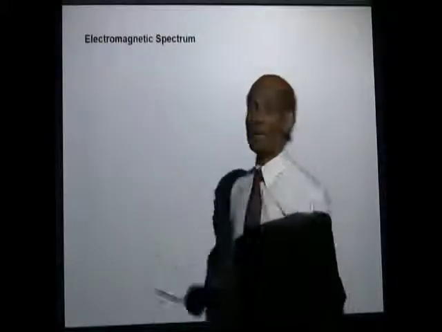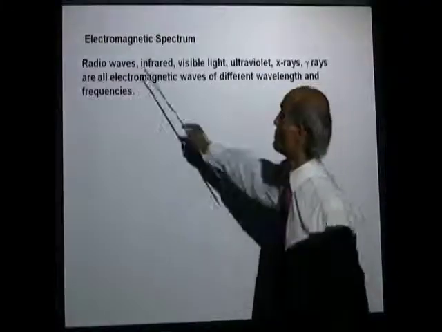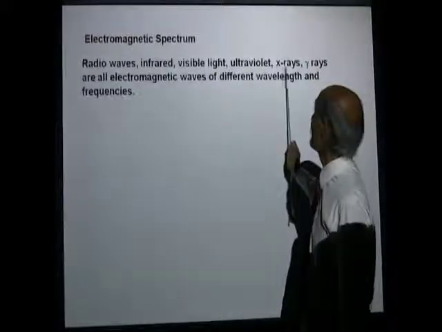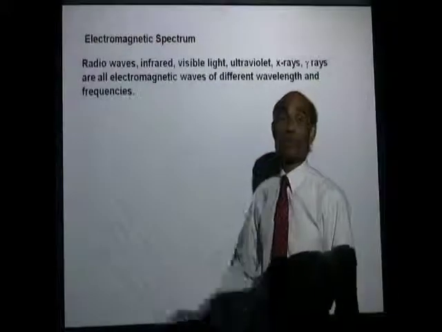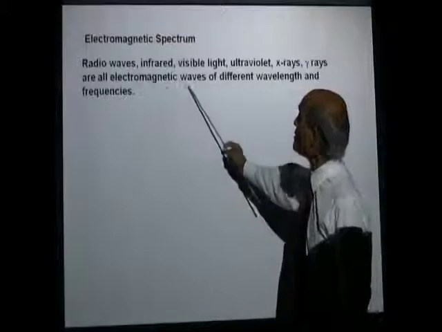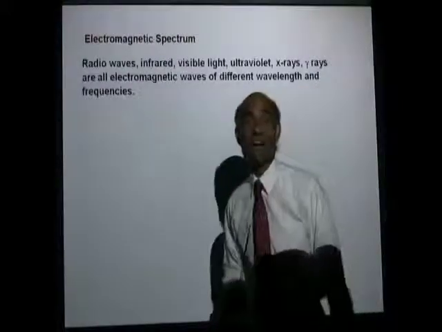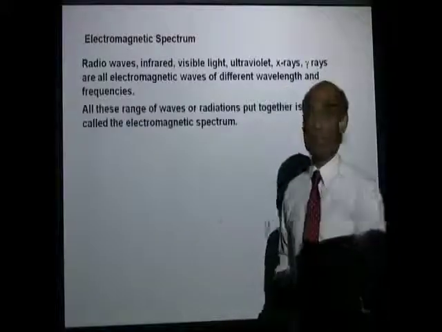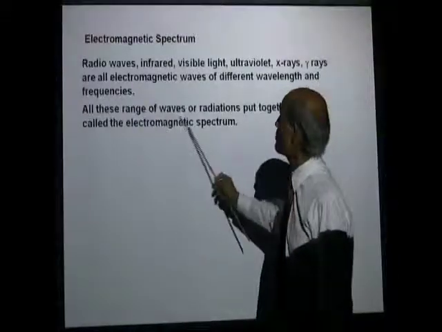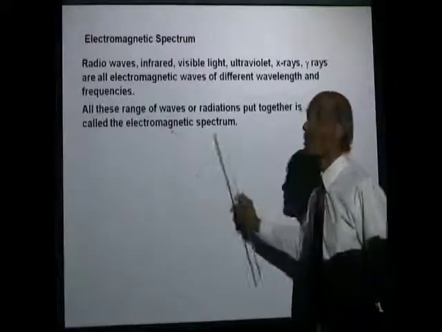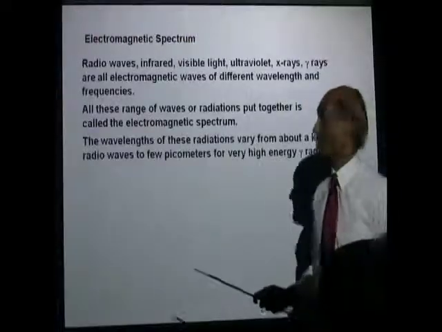Now, the electromagnetic spectrum: radio waves, infrared, visible light, ultraviolet, X-rays, gamma rays are all electromagnetic waves of different wavelengths and frequencies. Now, all this range of waves or radiations put together is called the electromagnetic spectrum.